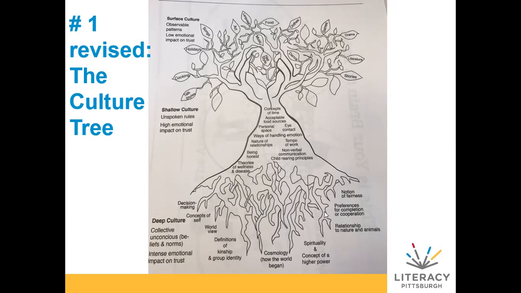So these are both coming and affecting each other in multiple directions. The other nice thing about this model is a tree exists in an ecology. It is connected. It is a living thing, not an isolated iceberg, and also not frozen in time. So this shows the possibility that cultures also change over time.